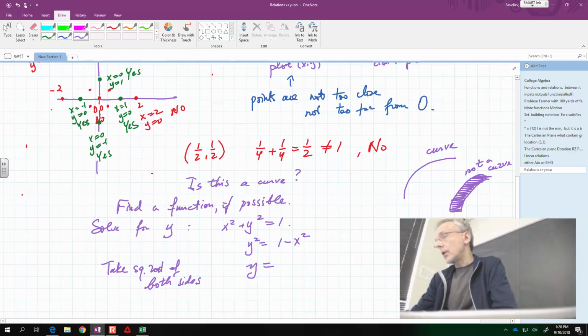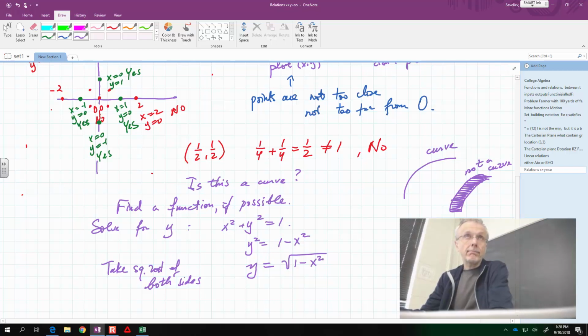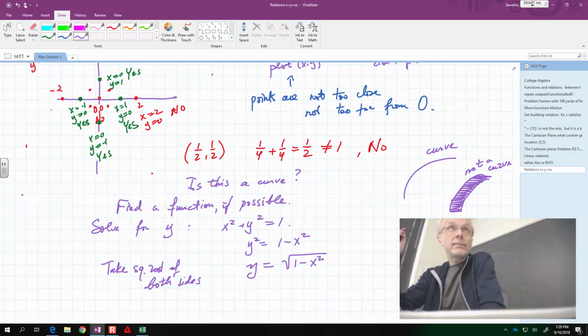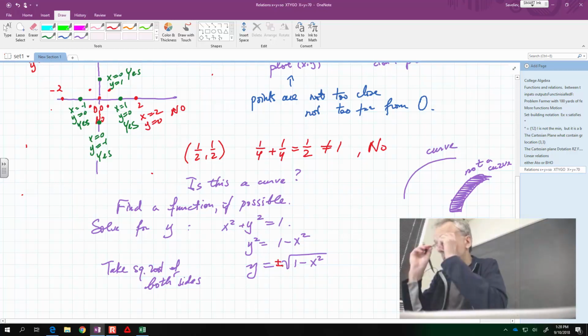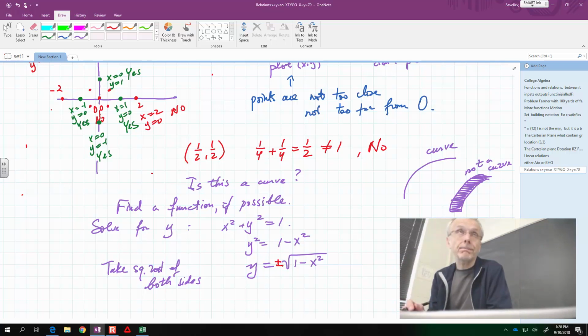On the left, presumably I'm getting y, and on the right I have the square root of 1 minus x squared. What did I skip? Yes, so how do we get 2 answers? So what should I put there? Plus or minus, right? Okay. So have we found a function for it?